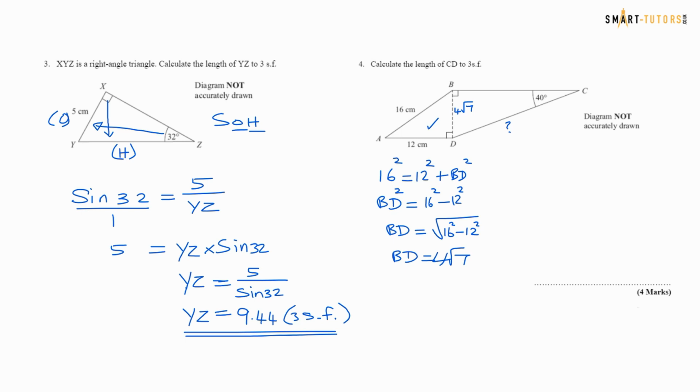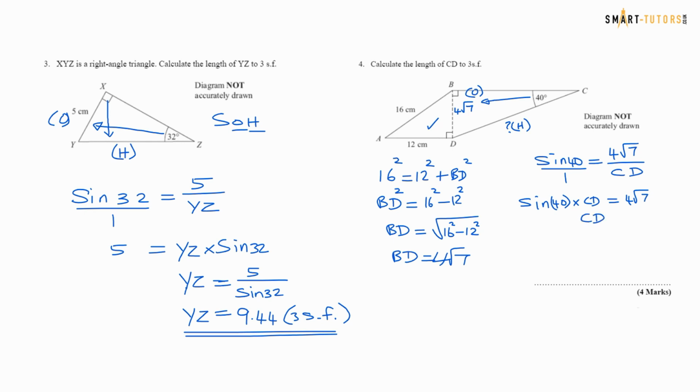Now this is the angle 40, and this is opposite, right? And this is the hypotenuse. So sine 40 equals 4 root 7 over CD. Now do your cross multiplication: CD times sine 40 equals 4 root 7.